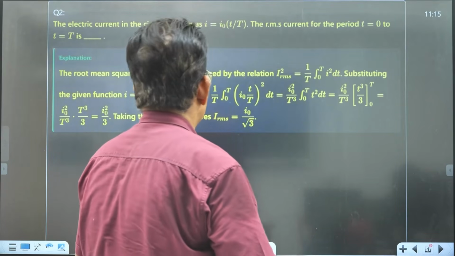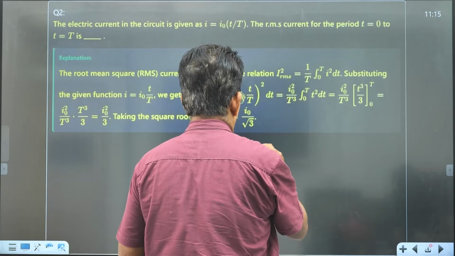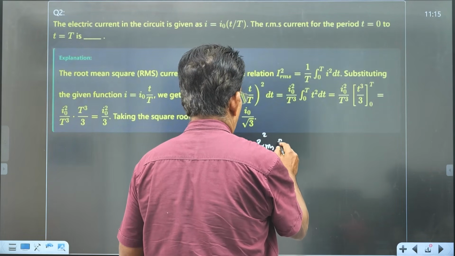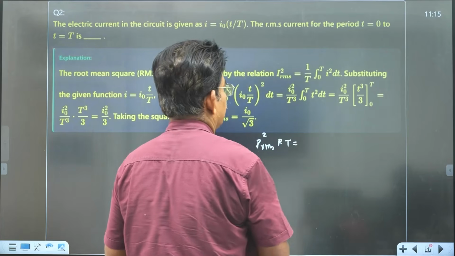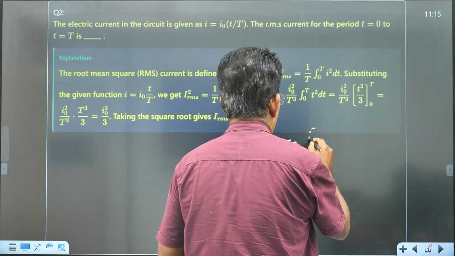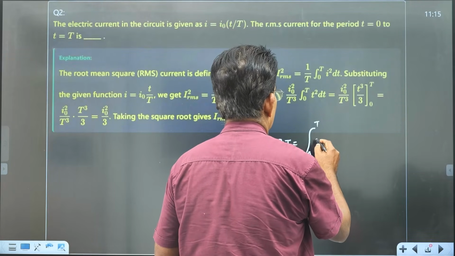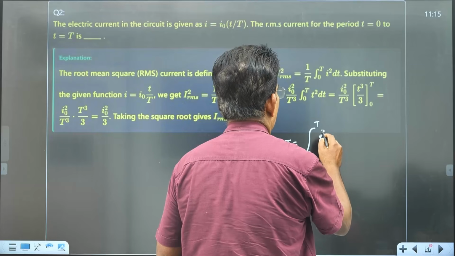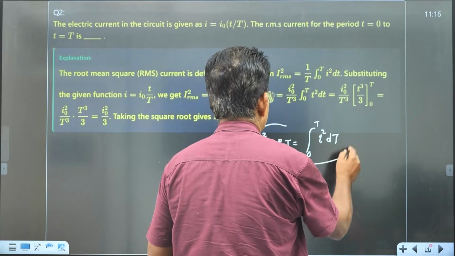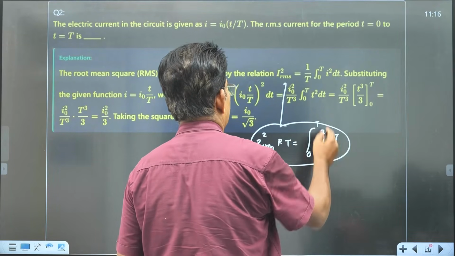Now tell me, from this, the relation comes to be: I RMS squared into R into T is equal to the heat liberated by the varying current, integral 0 to T of I squared R dt. So by definition this expression comes, then T goes to the right hand side.